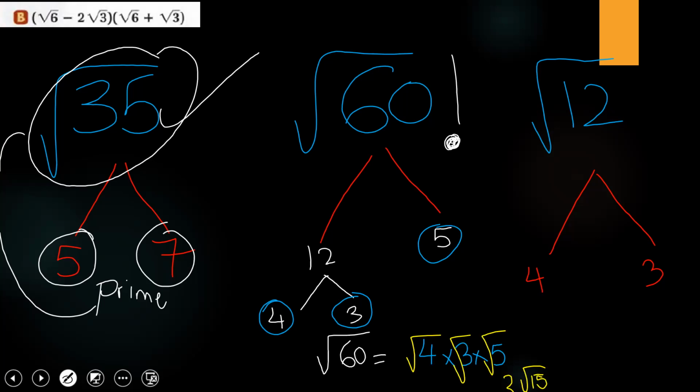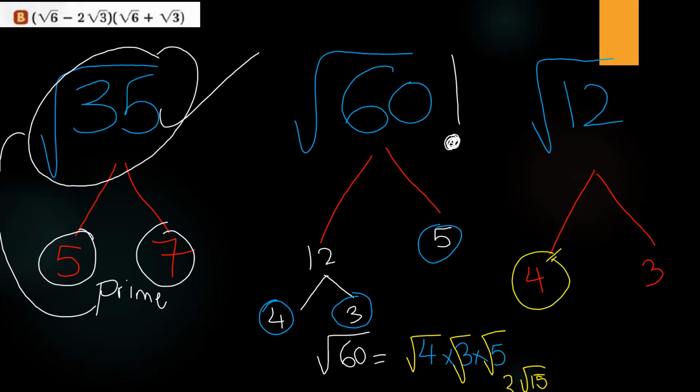Now look at number 12. 4 and 3. Is 3 a prime number? Yes. Is 4 a prime number? No, it's not a prime number.